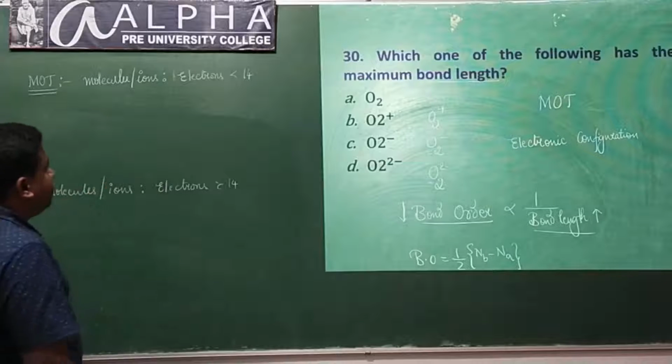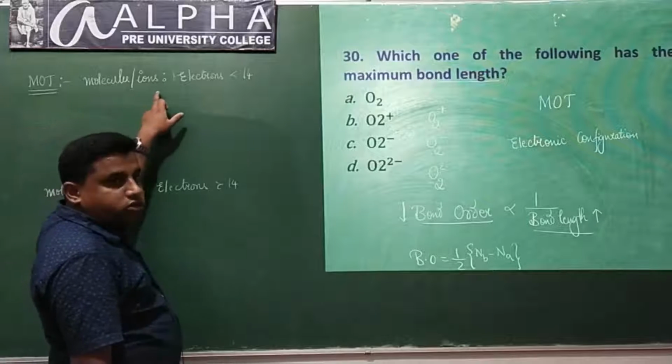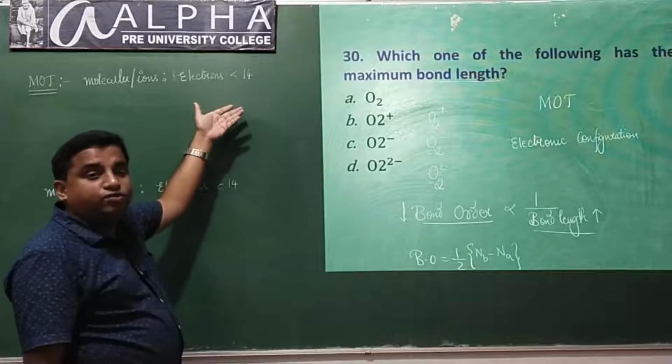What is the electronic configuration for molecules or ions with fewer than 14 electrons?